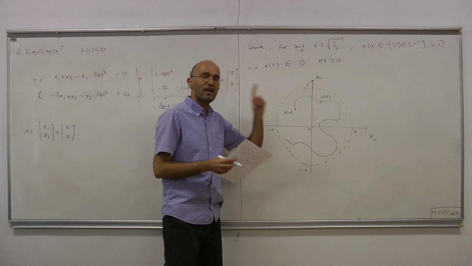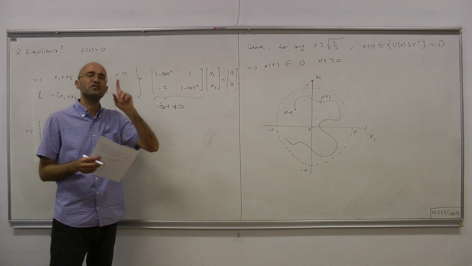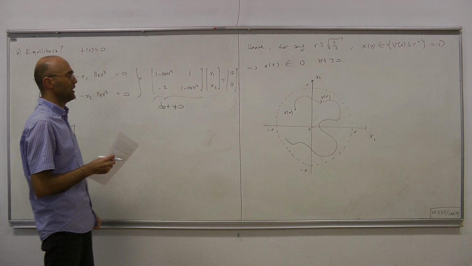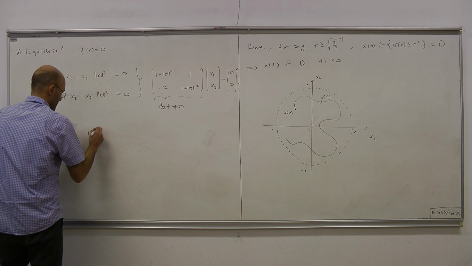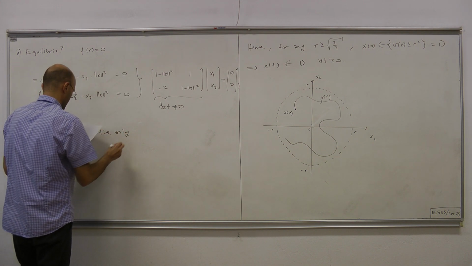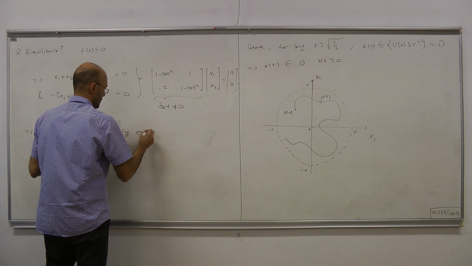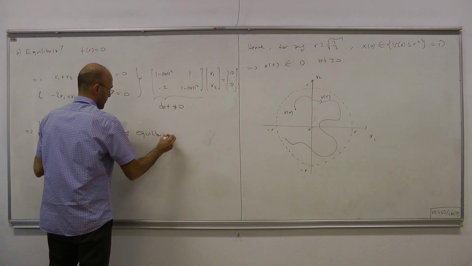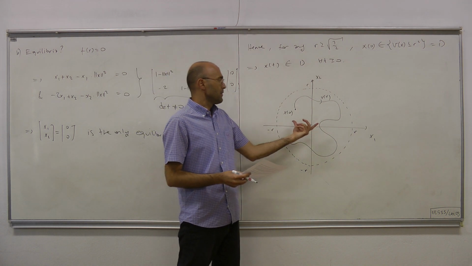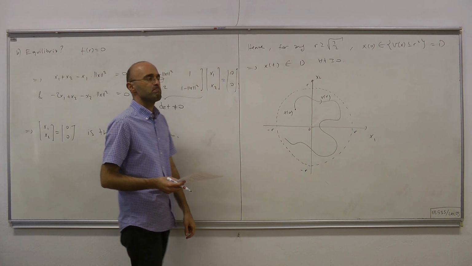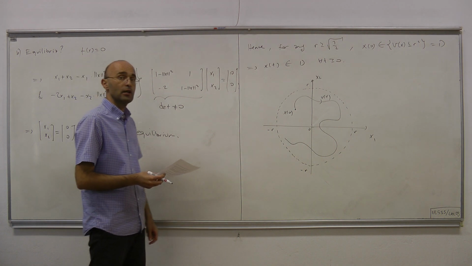Therefore, at the origin we have an equilibrium point, and that equilibrium point is the sole equilibrium point of the entire system. This is the only equilibrium point. Therefore, our forward invariant set contains one equilibrium point.